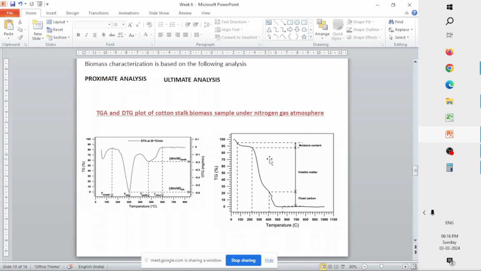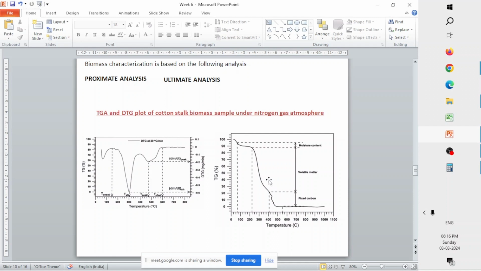But since your biomass is a very complex compound which has multiple components, mainly in the case of crops or plant-based biomass, you have cellulose, hemicellulose, pectin and lignin. And cellulose and hemicellulose, if you see here, their degradation patterns cannot be distinguished, as both degradations happen at very close temperatures, so you cannot distinguish them in this TGA curve.